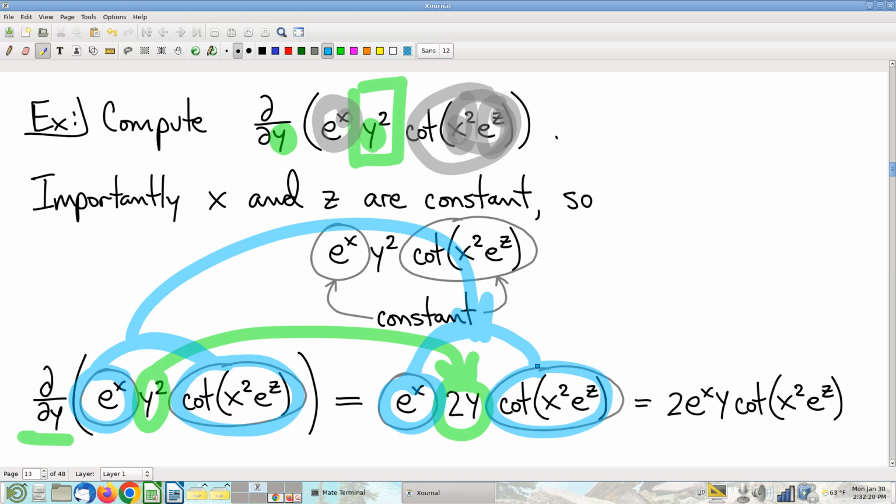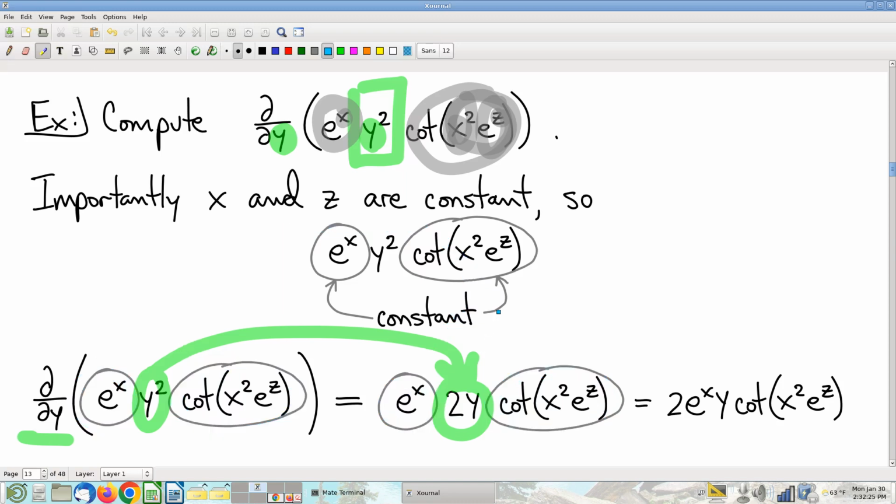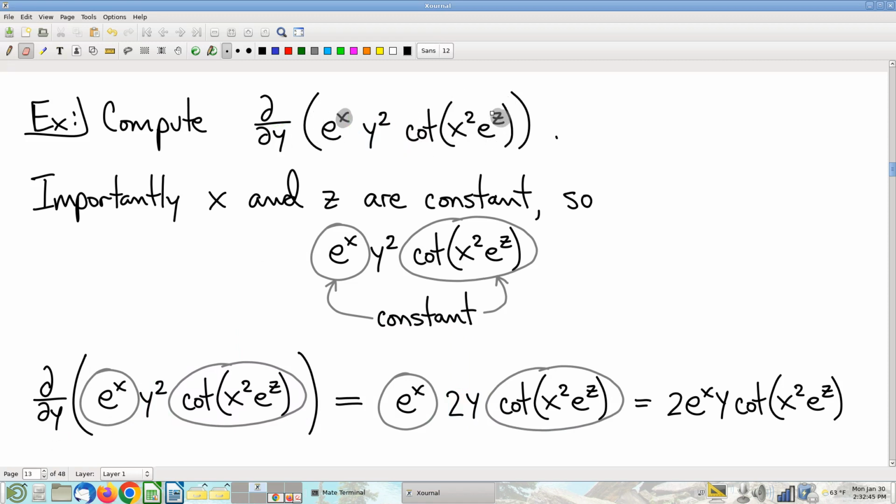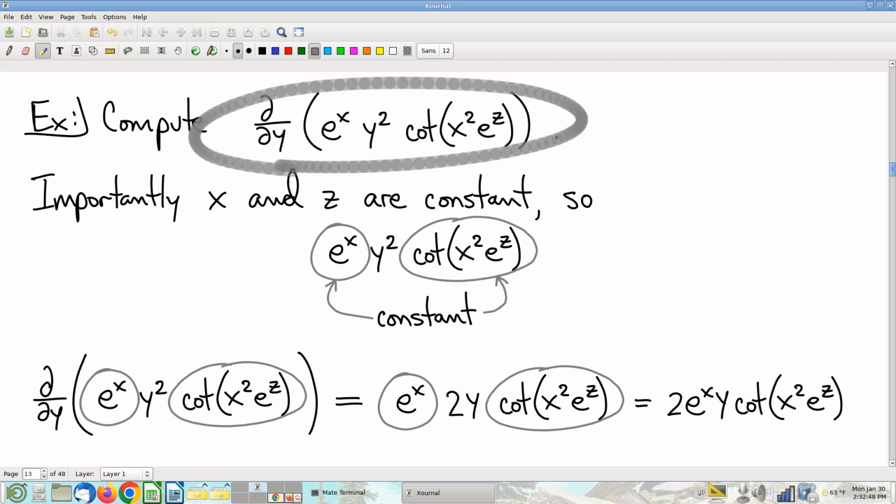Oh, I'm sorry. I should have done that in gray because they're constants. Sorry. There we go. Constants. How we doing? Everybody happy? Yeah, so pretty easy in this case after all. It looked like it was going to be horrendous, but most of it was constant, and the remaining derivative of y squared, 2y, was a really easy derivative as it turned out.